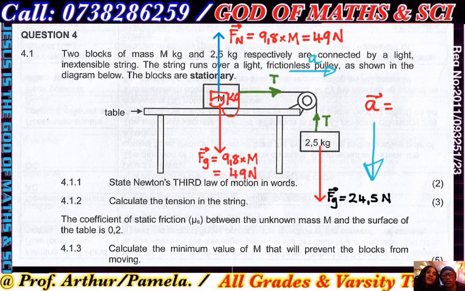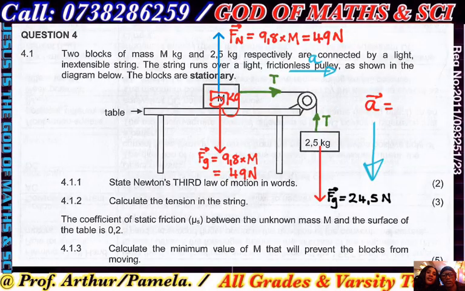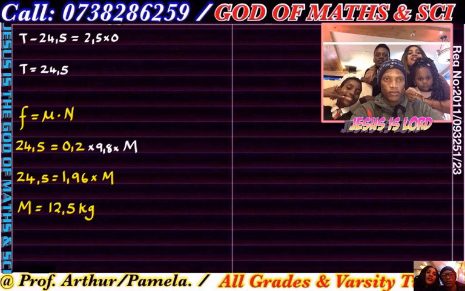We now have 49, but don't forget, they gave us the coefficient of kinetic friction as 0,15, meaning there's a new guy in town. There is friction here that's going to oppose. So we can calculate the value of the friction, because now the normal force is 49. Friction is going to be mu.